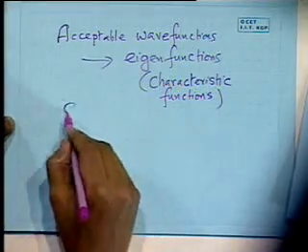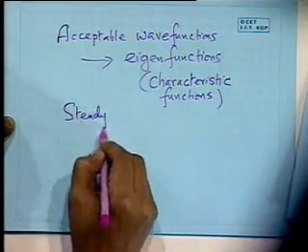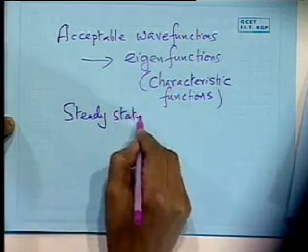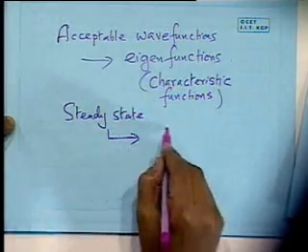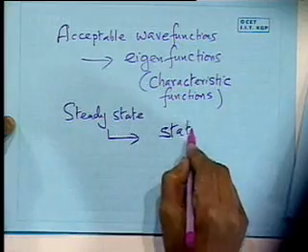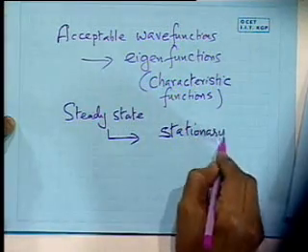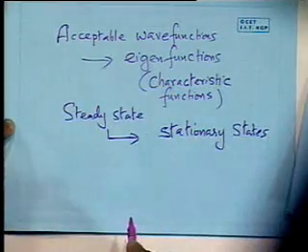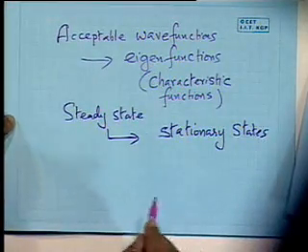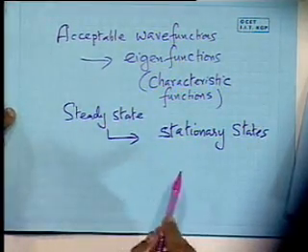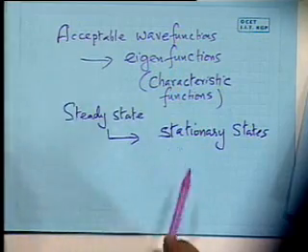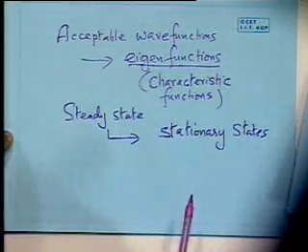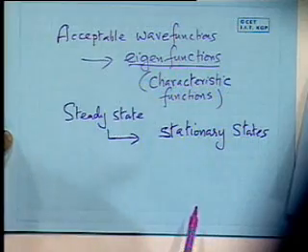Because these refer to steady state situations, they are also referred to in these cases as stationary states. So those eigenfunctions, whatever may satisfy possible solutions, are called stationary states.